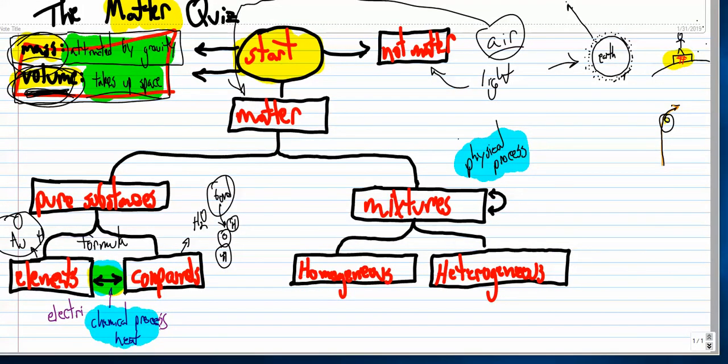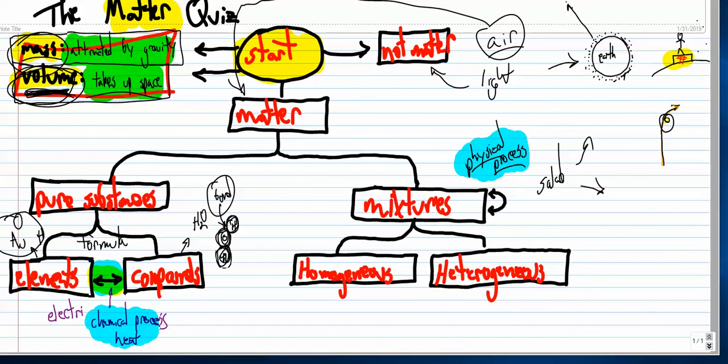So as an example, let's say you've got a salad and you want to separate the parts. Well, all you have to do is grab the piece of lettuce, take it over here, grab a piece of tomato, take it over there. You're just using a physical process. You're just reaching in and grabbing something and separating it. You're not messing with how the atoms are actually bonded to each other.